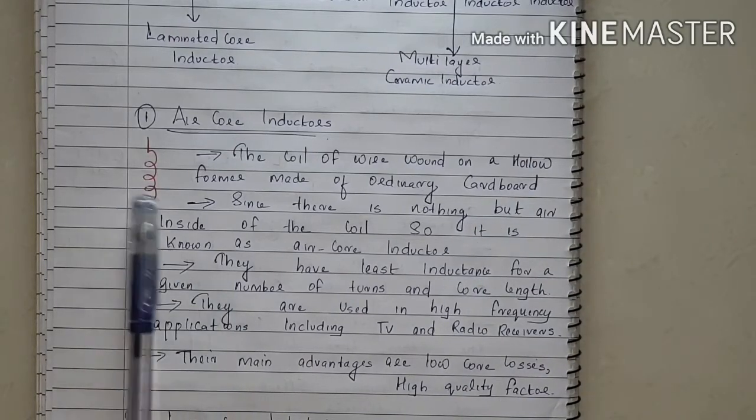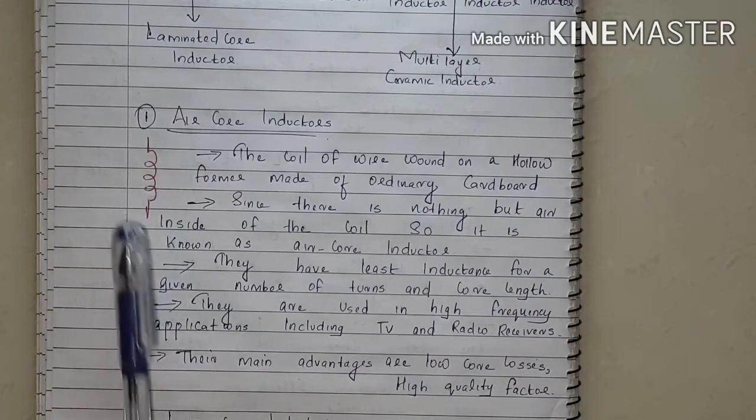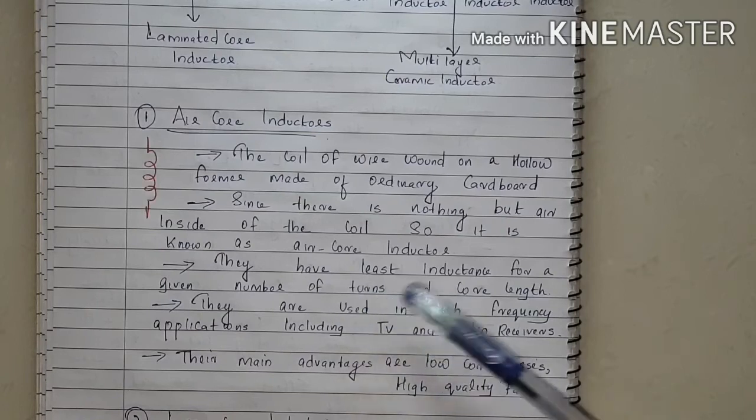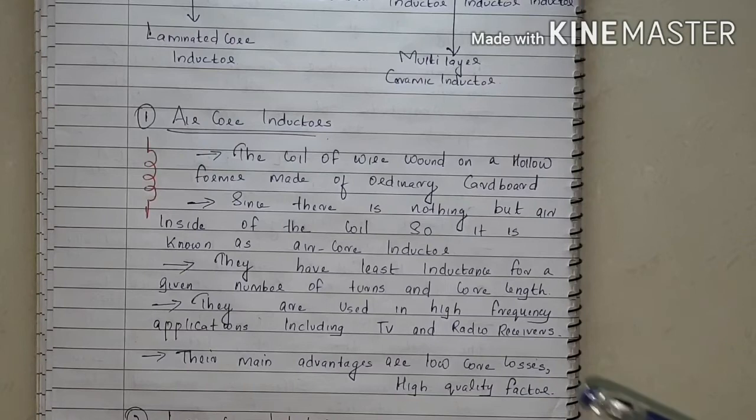Since there is nothing inside but the winding, there will be air inside the coil, so it is known as an air core inductor. They have the least inductance for a given number of turns N and core length l. They are used in high frequency applications including TV and radio receivers, and their main advantages are low core losses and high quality factor.